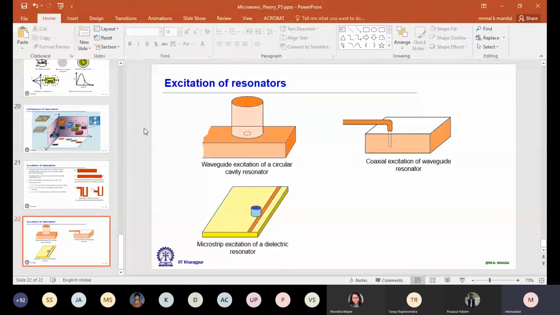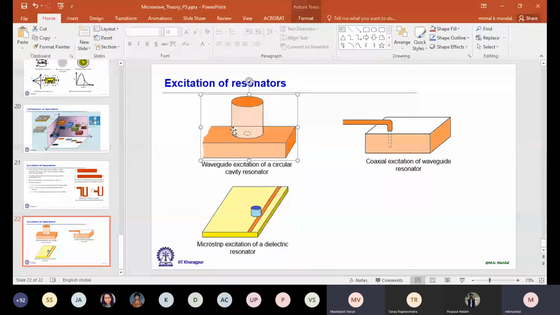Well, some other examples of how we excite a waveguide. In the first example, here we have a cylindrical cavity. You can see a cylindrical cavity made of metal, and inside it is air.